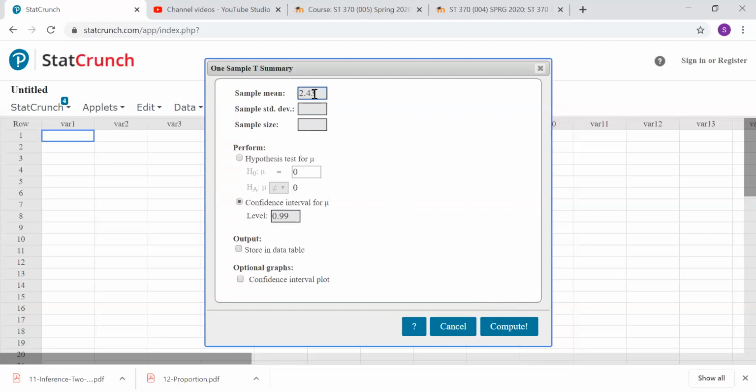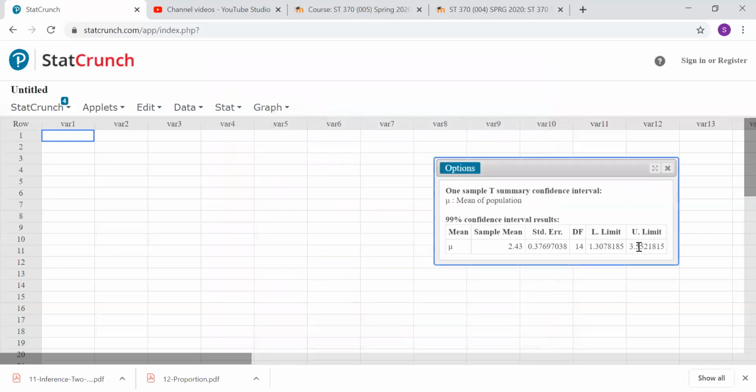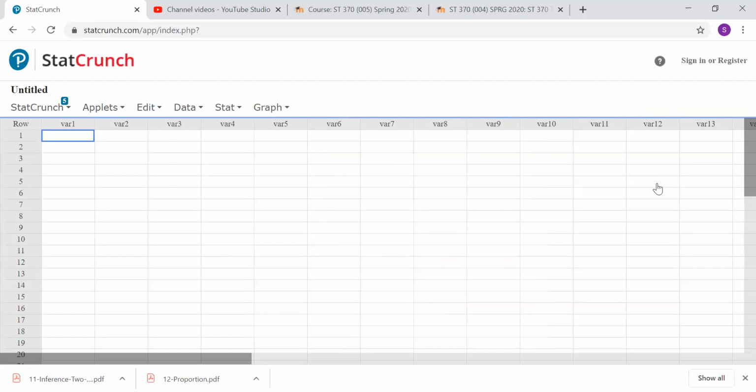And that will be the same as what we have done by hand. So the lower limit 1.31, upper limit 3.55. So this is how you do it for the pair data.